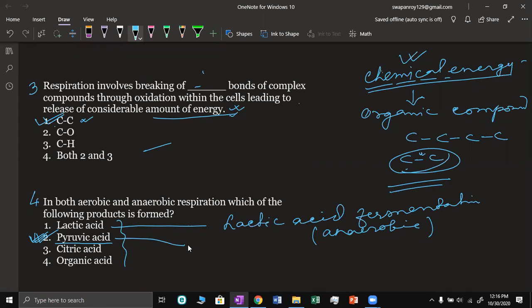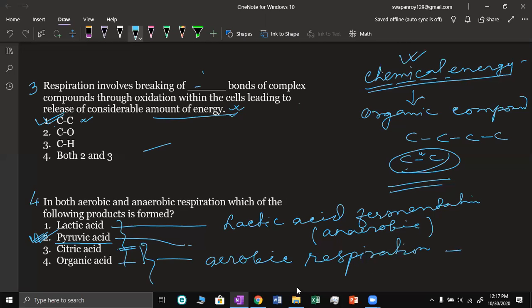This is the common product for aerobic. Citric acid is not formed. Other organic acids are mainly formed in the Krebs cycle, and citric acid is the product in the Krebs cycle. Okay, and the Krebs cycle is part of aerobic respiration only.